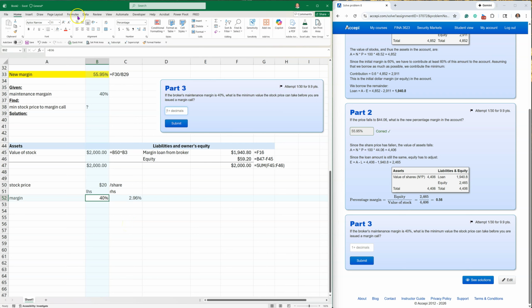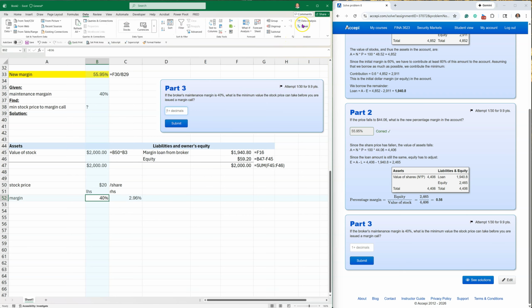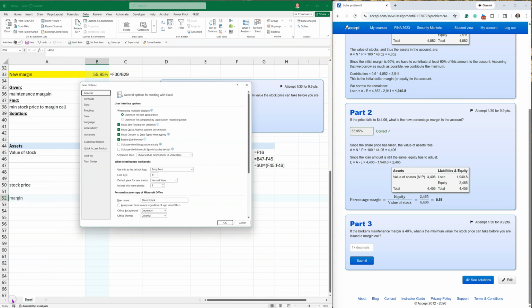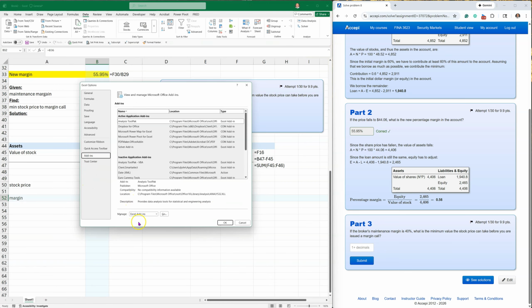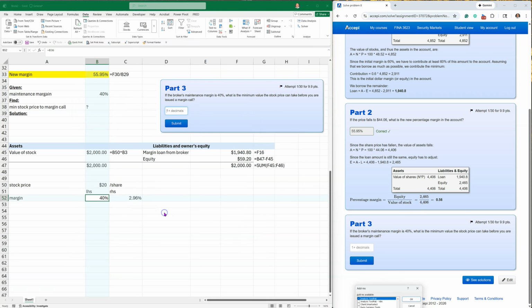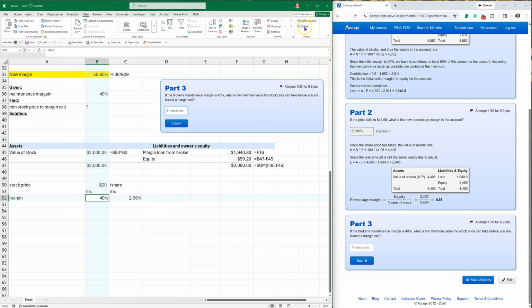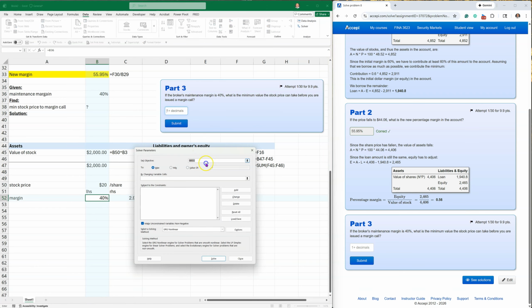If you don't have Solver turned on, you have to go to File, then Options, then Add-ins down here. Under Excel Add-ins, you click Go, and then make sure Solver is checked and click OK. Mine's already checked, so I'm just going to go Cancel. Then Solver will appear up here. So I'm going to click on Solver.